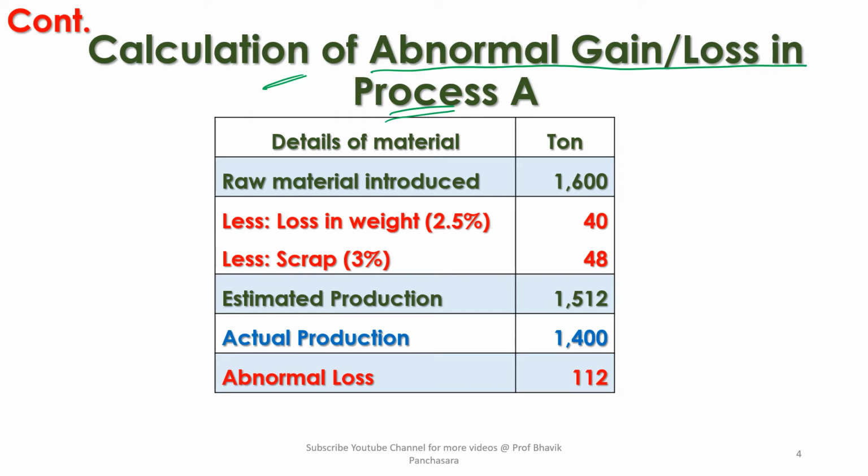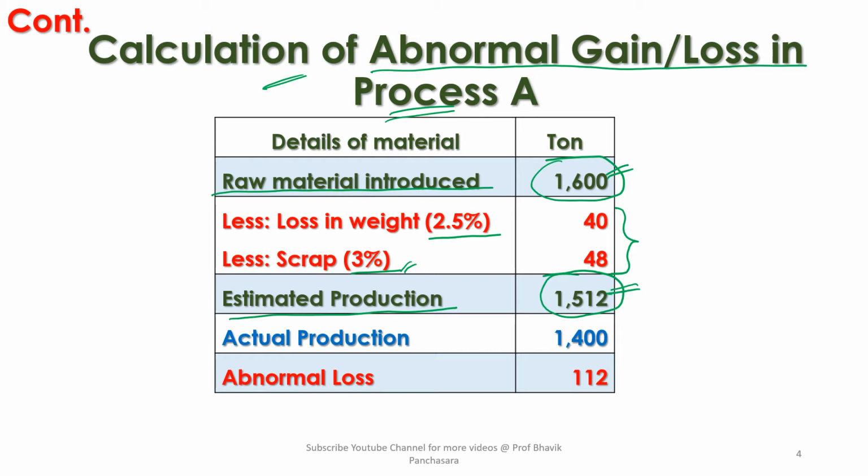So we'll start with first raw material introduced in process A, that is 1600 ton. Now as per information given, 2.5% is weight loss and 3% is the scrap. So total 40 and 48 tons means total 88 ton of material is deducted. So our estimated production for process A is 1512 ton.